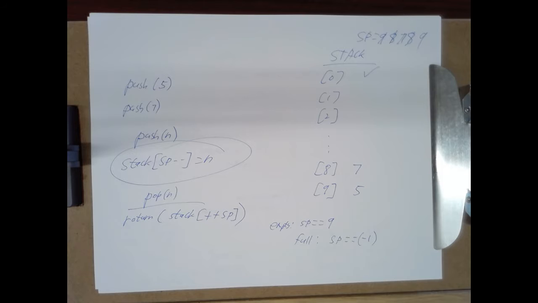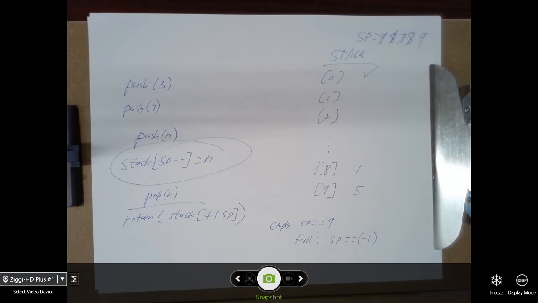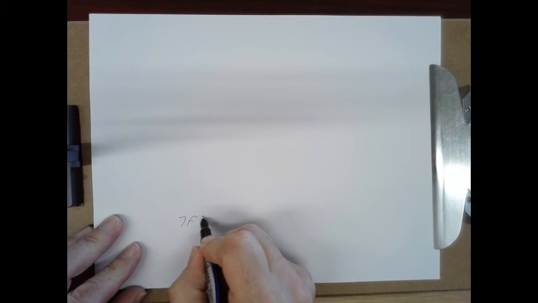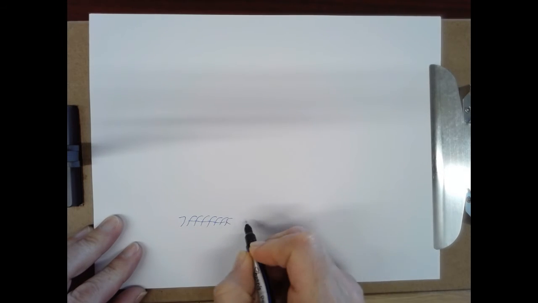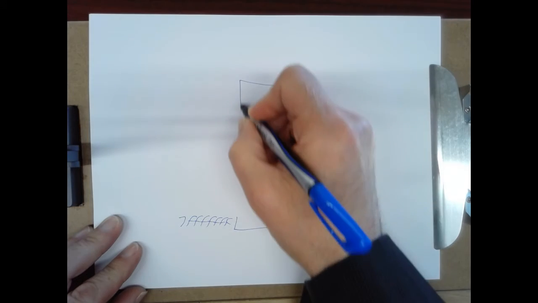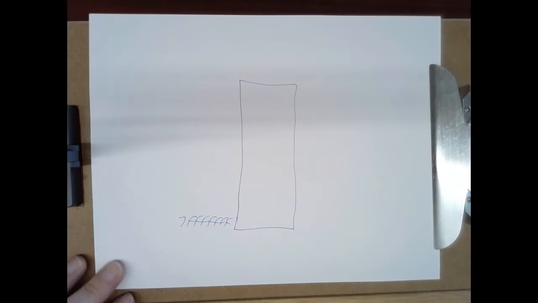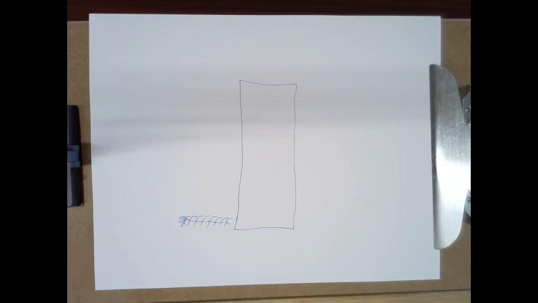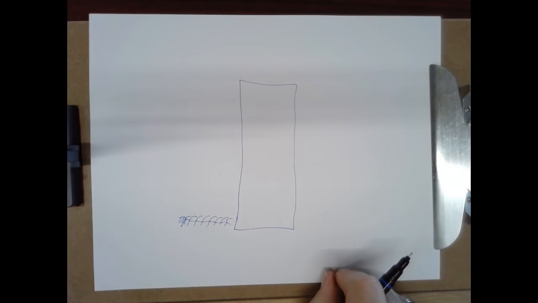Now on a lot of computers, a lot of operating systems, stacks are set up to grow from higher addresses to lower addresses. So let's just think of a 32-bit machine. So the last location would be 8 Fs, right? 4 billion something.